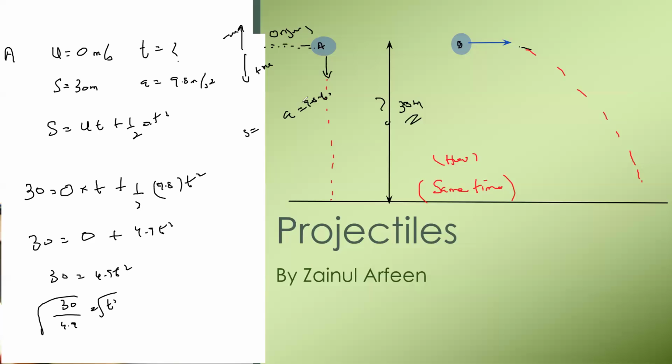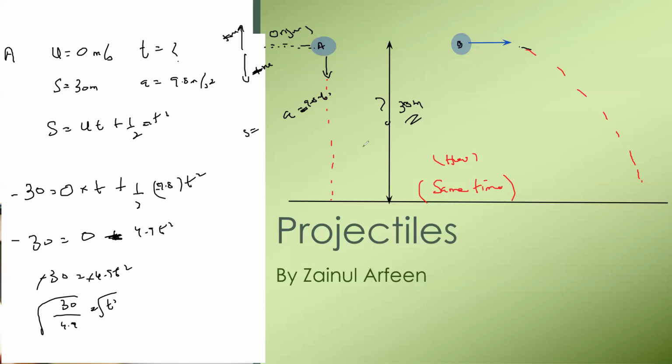If I take downward as negative and upward as positive, then the acceleration will be negative and the displacement will be negative. I'll get the same answer. It won't make a difference to the final answer. The negative and negative will cancel out and I get the value for t.